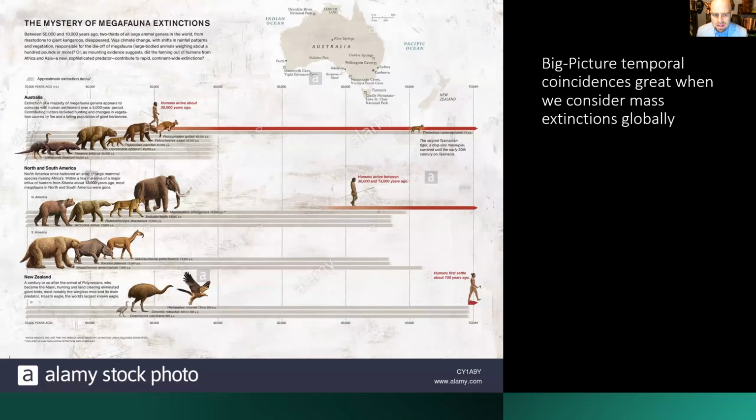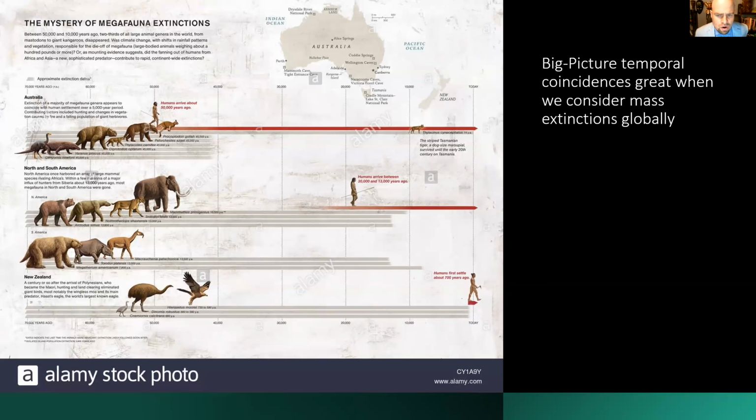So by themselves, we can look at Australia, we can look at North America, or we can look at Europe even. Not so much New Zealand, because I think there's a pretty good argument for human involvement there. But we can look at those and we can identify climate change and things that may well have caused extinctions.